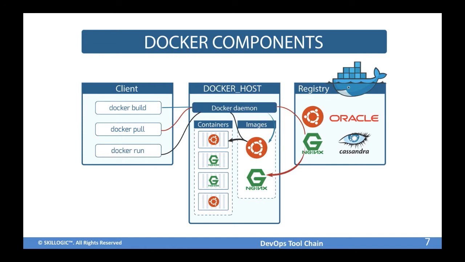Docker components. Docker has a few components. The client machine is the machine you are running the Docker containers from, and it uses certain commands: build, pull, and run. Then there is the Docker host, which has all the containers and images, and this is all connected by the Docker daemon.